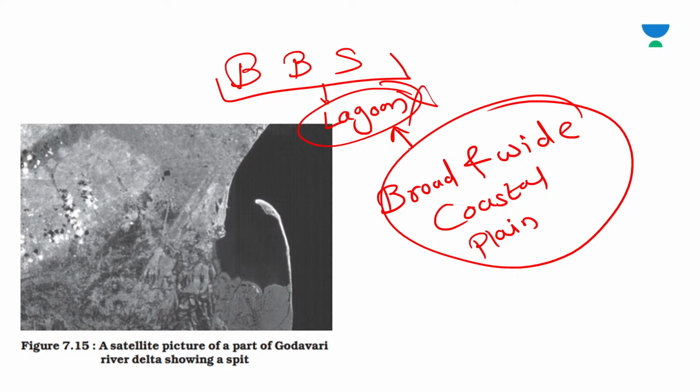Now, friends, the coastal offshore bars offer the first buffer or defense against storms or tsunamis by absorbing most of their destructive force.